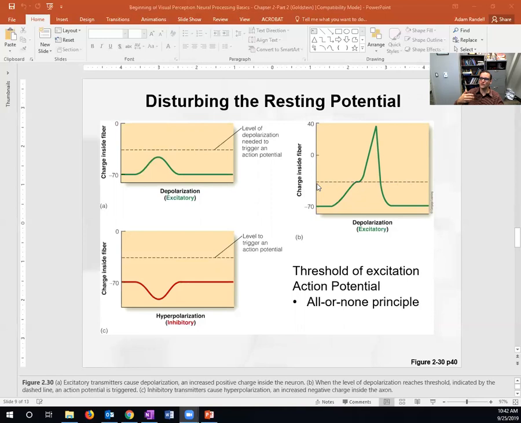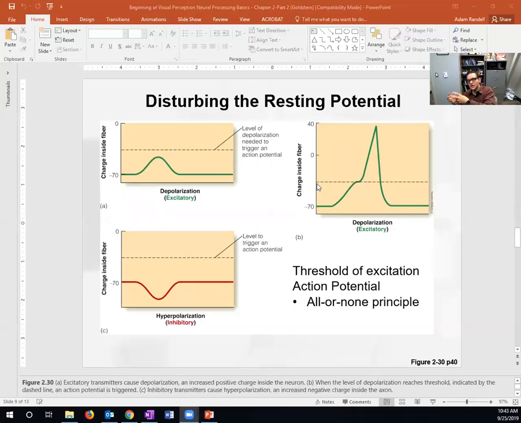So when we say that something has an excitatory effect, what we're saying is that it's making a cell more likely to fire if it has an action potential, or more likely to do its thing. Like your receptors, when they're excited, they release glutamate. So something that depolarizes the receptors makes them more likely to release glutamate. Cells that have action potentials, the more excited they are, the more likely they are to achieve an action potential.